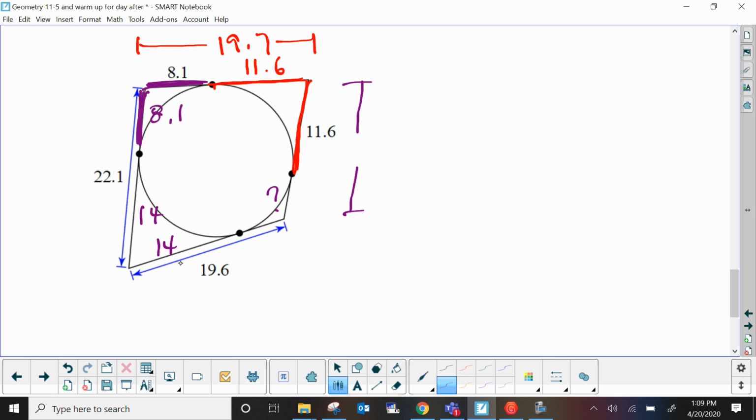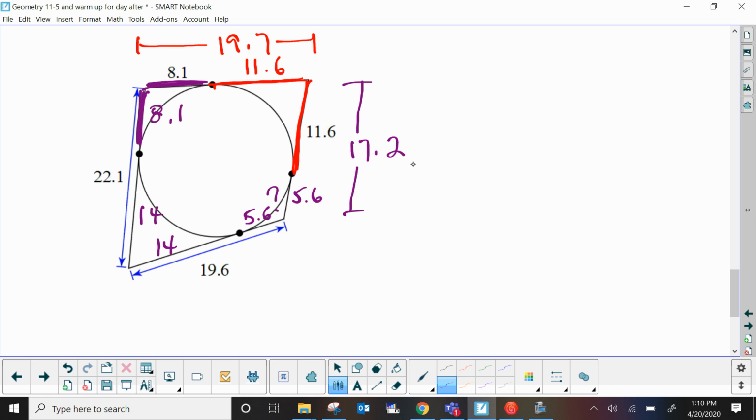And if that part is 14 and the whole thing is 19.6, if I subtract 14 from the 19.6, I will find that this is 5.6, which means this has to be 5.6. So I had to work my way backwards to get this part right here, but then now I can add those two together. The 11.6 and the 5.6 gives me 17.2.